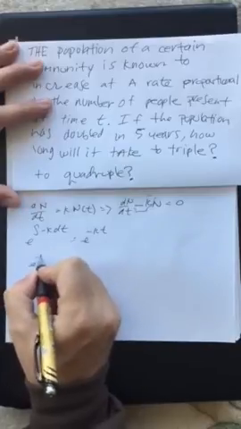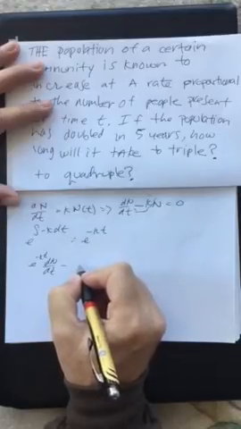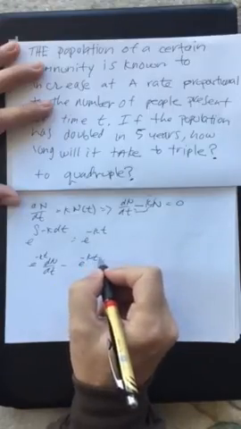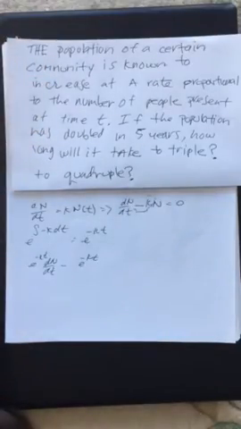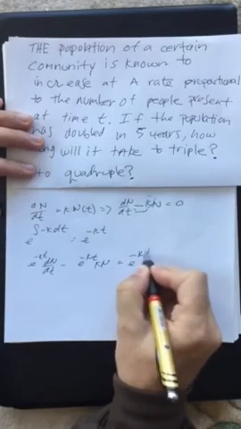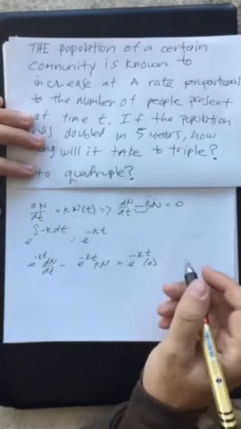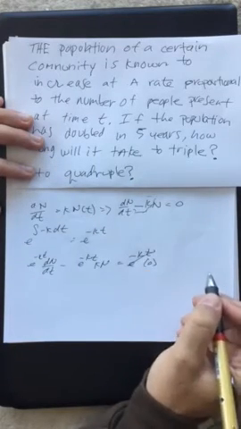So you have e to the negative kt dN/dt minus k N times e to the negative kt equals e to the negative kt times 0. This is just 0.